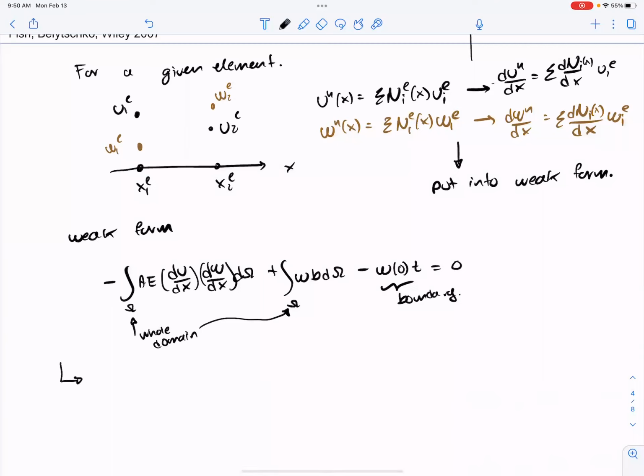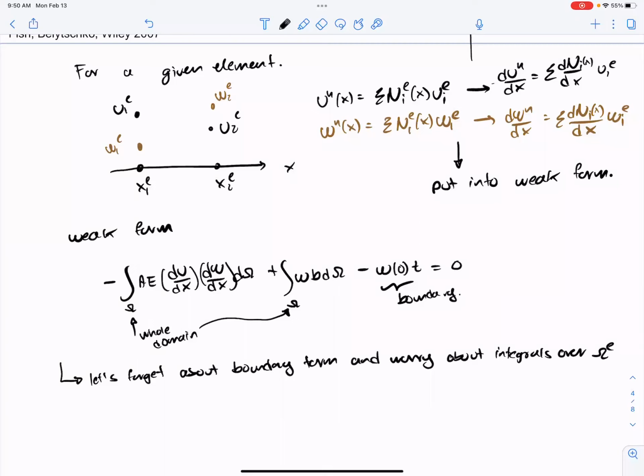So for now, let's forget about the boundary term and worry about integrals over omega e. This is no problem: if you have an integral from 0 to 1, you can do it first between 0 and 0.5, and then from 0.5 to 1. It doesn't matter, so we can do the integral in chunks.